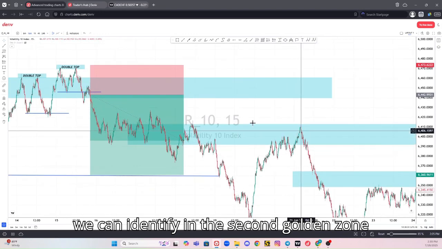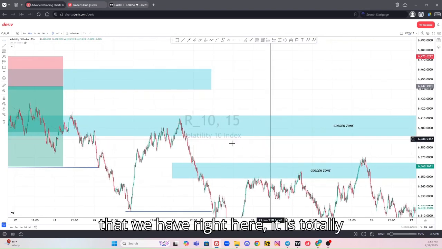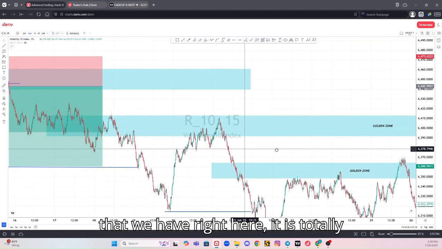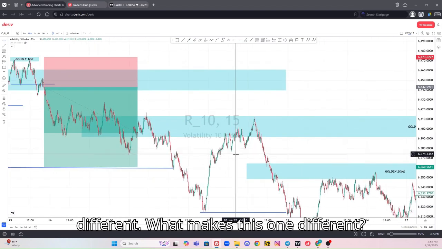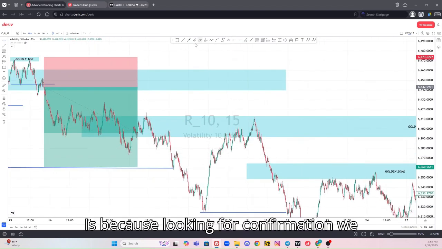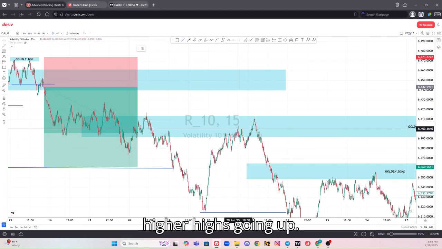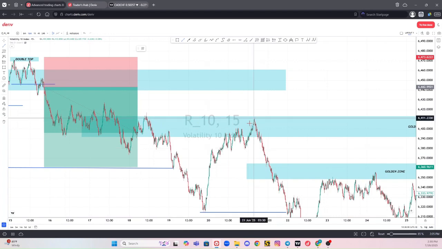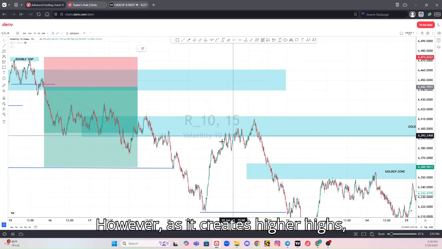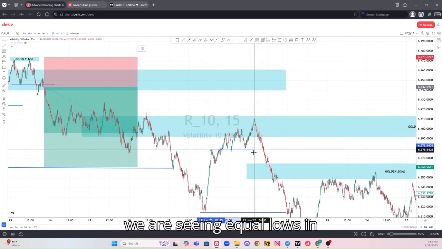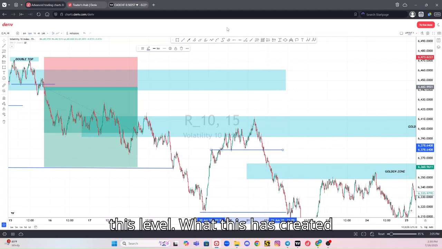We can identify in the second golden zone that we have right here, it is totally different. What makes this one different is that, looking for confirmation, we would identify that price is creating higher highs going up. However, as it creates higher highs, we are seeing equal lows in this level.